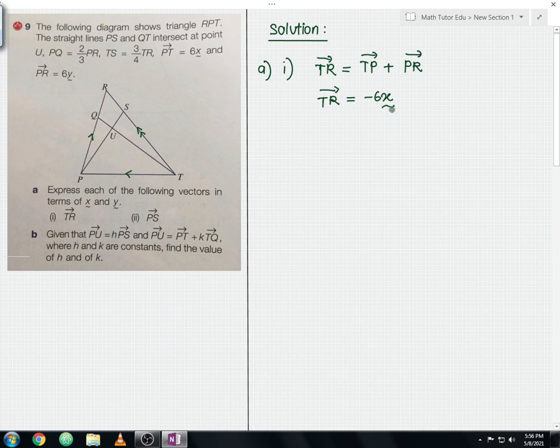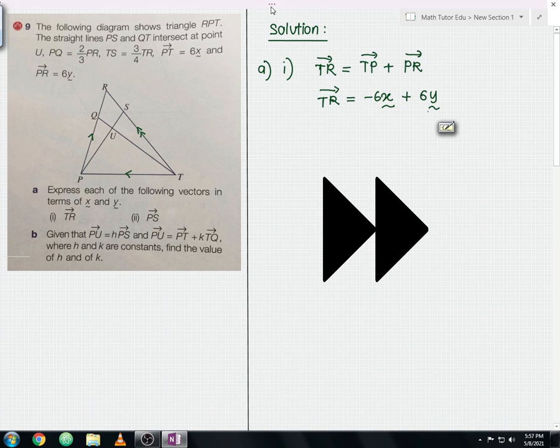Why negative 6x? Like I mentioned before, it is the opposite direction of PT. And then plus the vector PR, which is 6y. So this is the answer for question A, part 1, where we have already found the vector TR is equal to negative 6x plus 6y. Let me underline the solution.